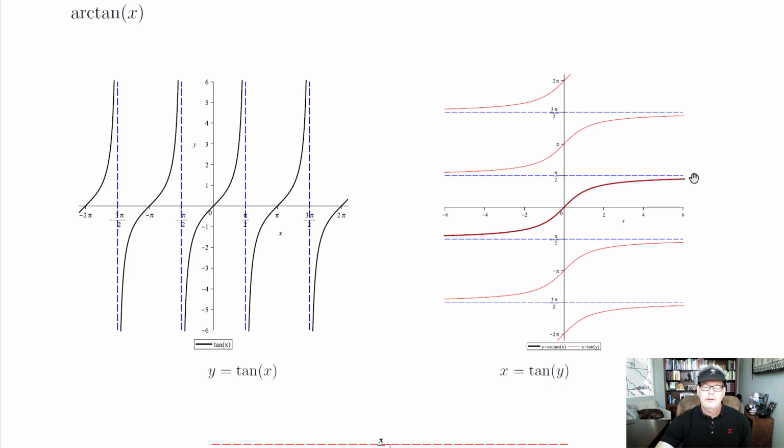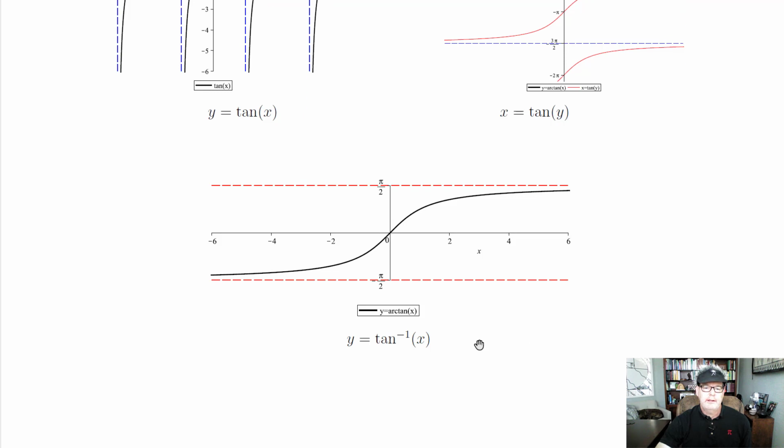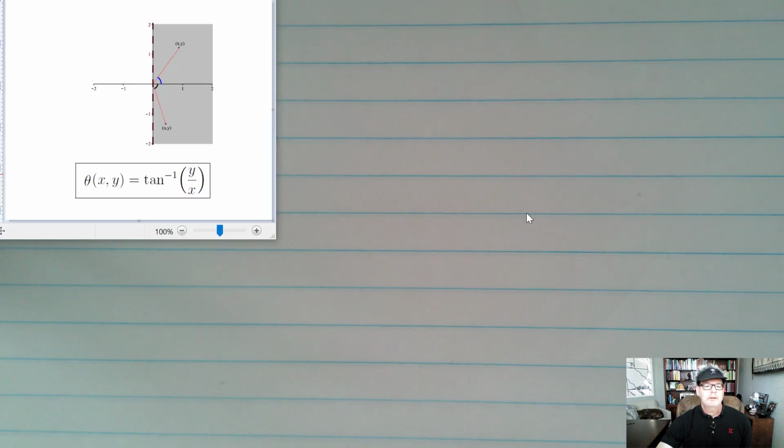We can take the arctan of any real number, but we're going to get either an angle in quadrant 1 for positive values, or negative angles for negative values. So there's the arctan function, and it works for quadrant 1 and quadrant 4 as long as we are okay with negative angles for the arctan of a negative number.